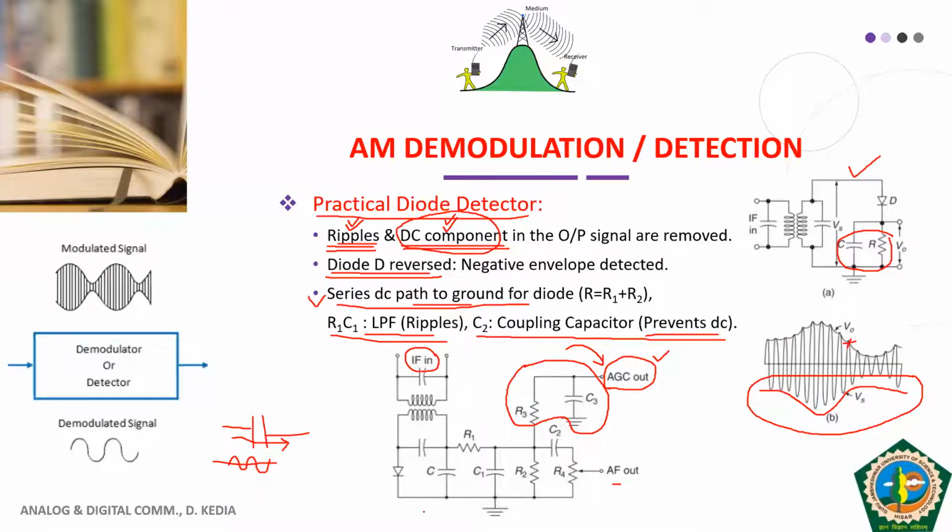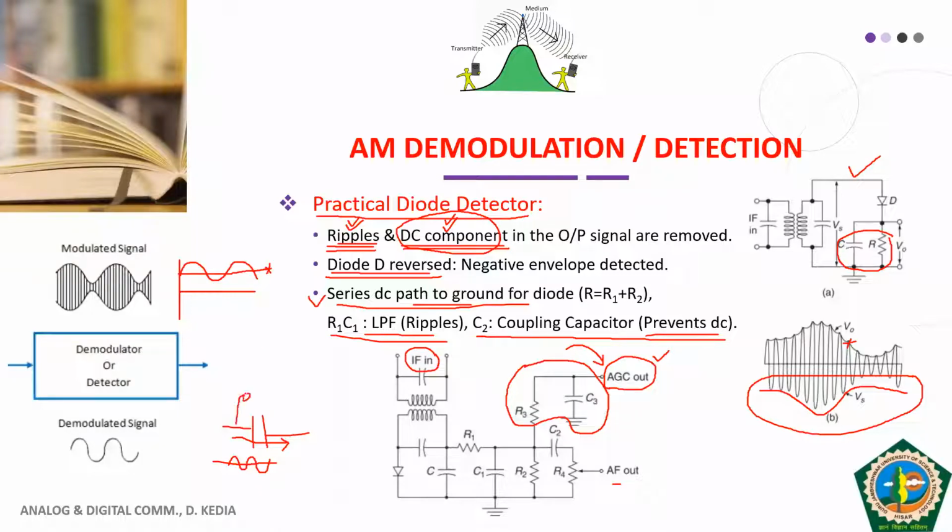Okay, so now, if I assume that this is the kind of signal that I have, a clamped modulating signal, where we have some DC component in it and some AC component, we have to remove this one. So what is happening here? If I assume that for this DC component, the capacitor behaves like what?